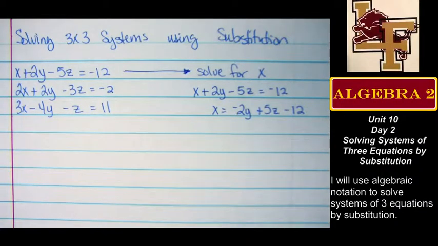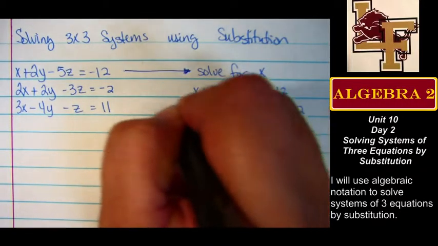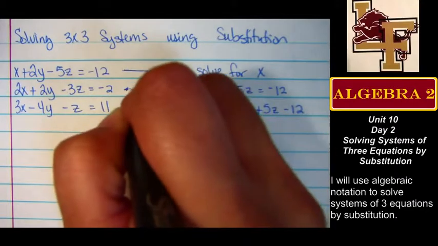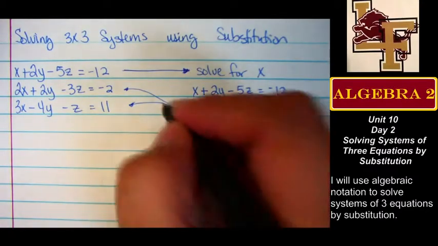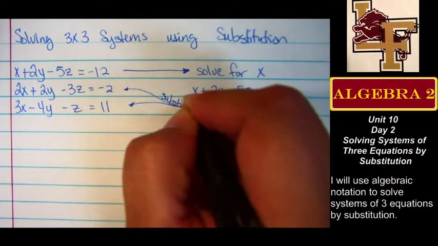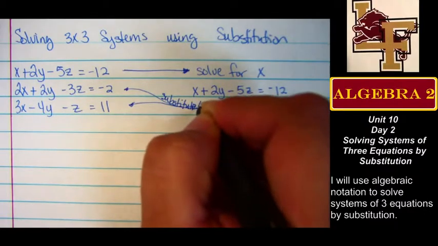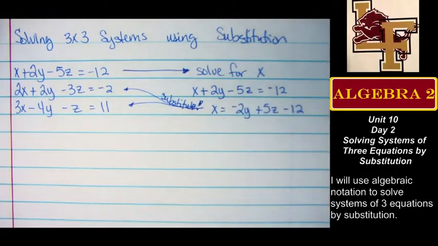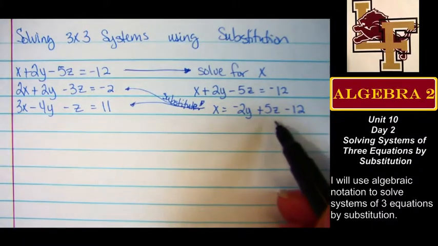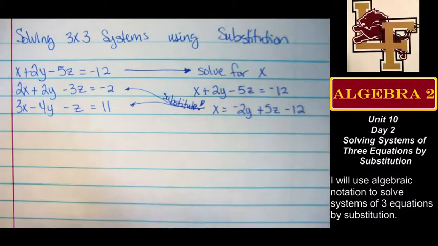Now that I have this one equation solved for one variable, I'm going to substitute this into both of my other equations. What this will do is turn this system of 3 equations into a system of 2 equations, so that I get to do all of my 2x2 stuff. I solved it for x, and now I'm going to take that big mess of stuff, and everywhere I see an x in the other 2 equations, I'm going to substitute.